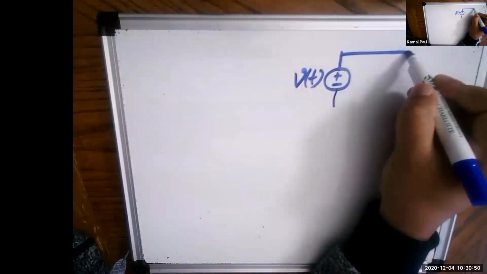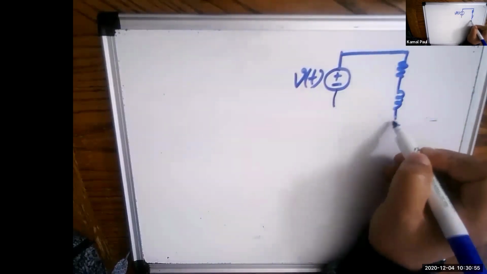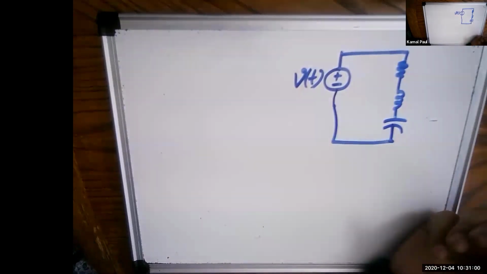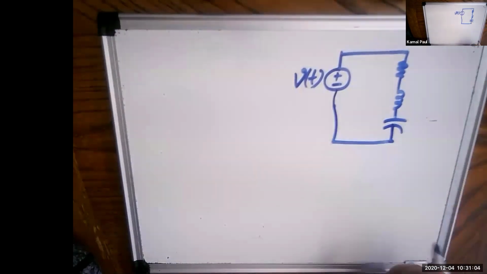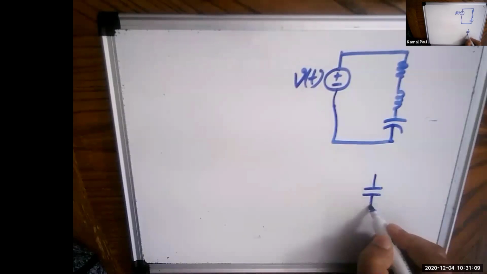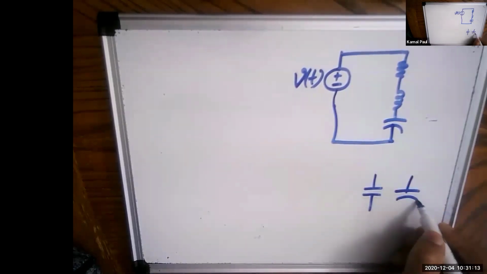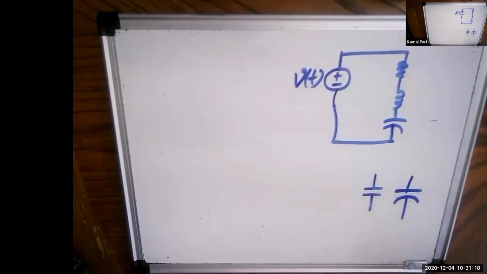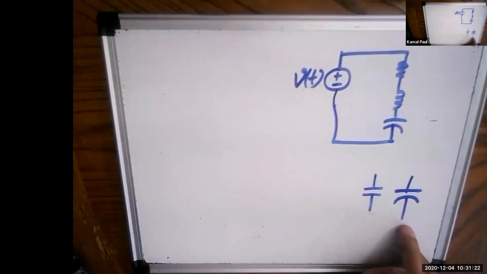So now we have a resistor here, we have an inductor here, and we have a capacitor here. Another thing, sometimes you see a capacitor expressed in this way, and sometimes with one plate curved and the other straight. Both are capacitors, but what's the difference?